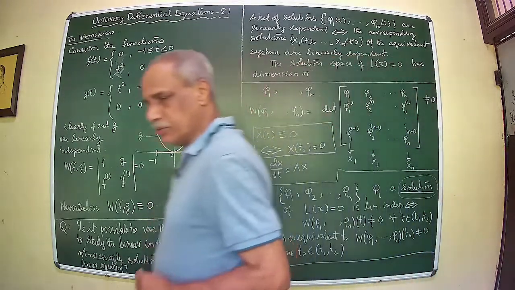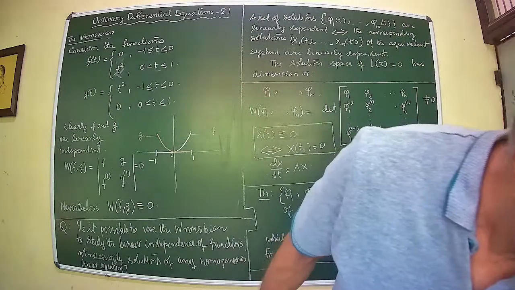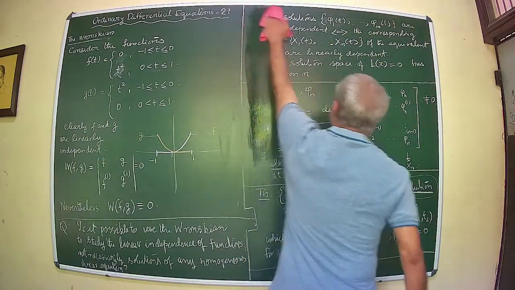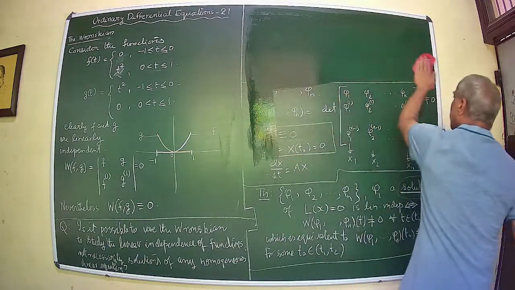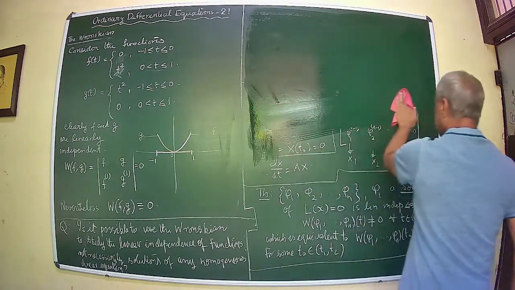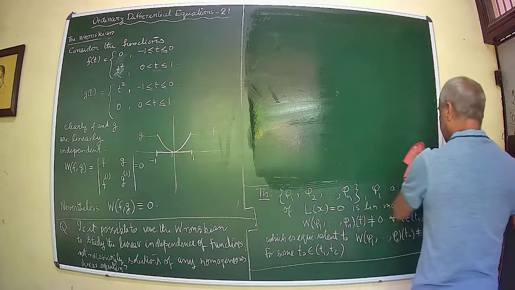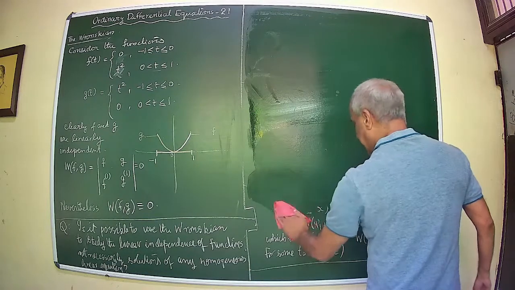So one thing that you observe is this. Immediately you can prove this. If the functions phi 1, phi 2, etc., phi n are linearly dependent, then the Wronskian is identically zero.